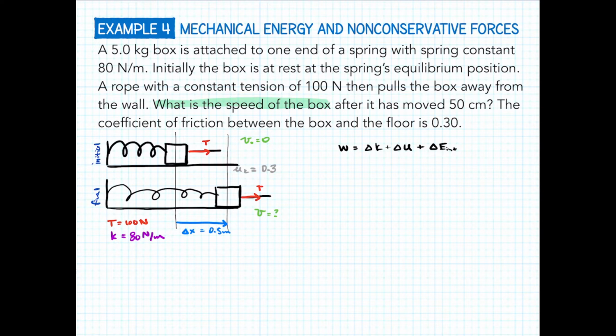It's much easier to include the spring because if you include the spring on this side as work, what do we know about spring force? It's not constant, right? So that means if we calculate the work on this side, we have to do an integral. If we calculate the spring as potential energy, we don't. So there's a good reason to include the spring mathematically because it makes your life a little bit easier, although you do know if you integrate kx, you get 1/2 kx squared, so it wouldn't be a difficult integral, okay?